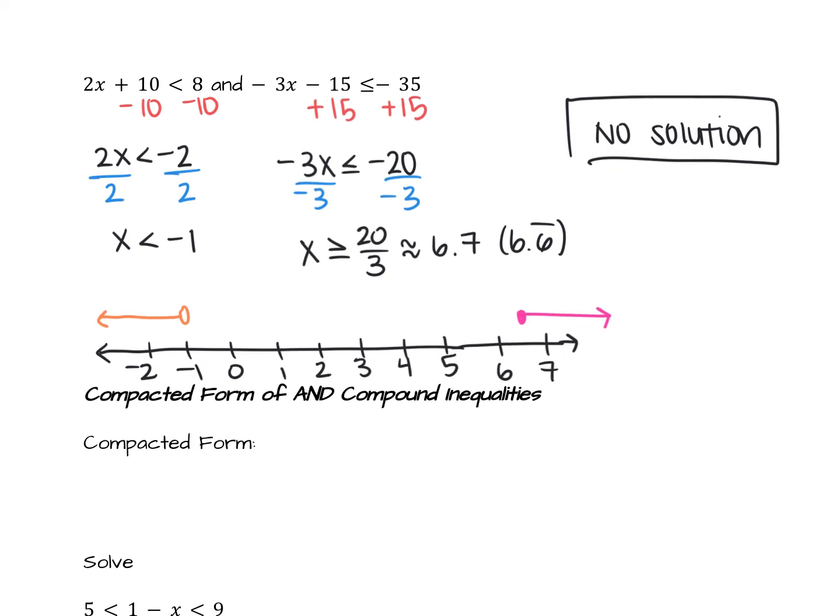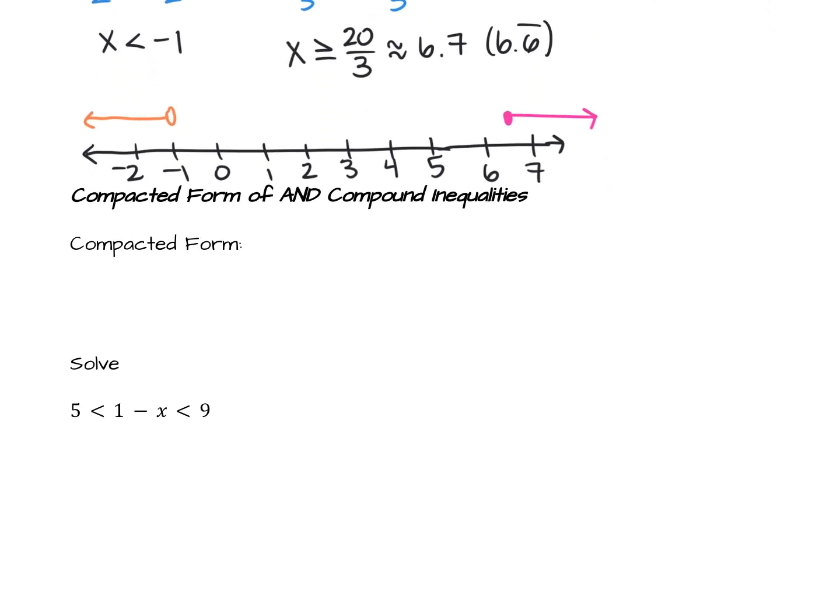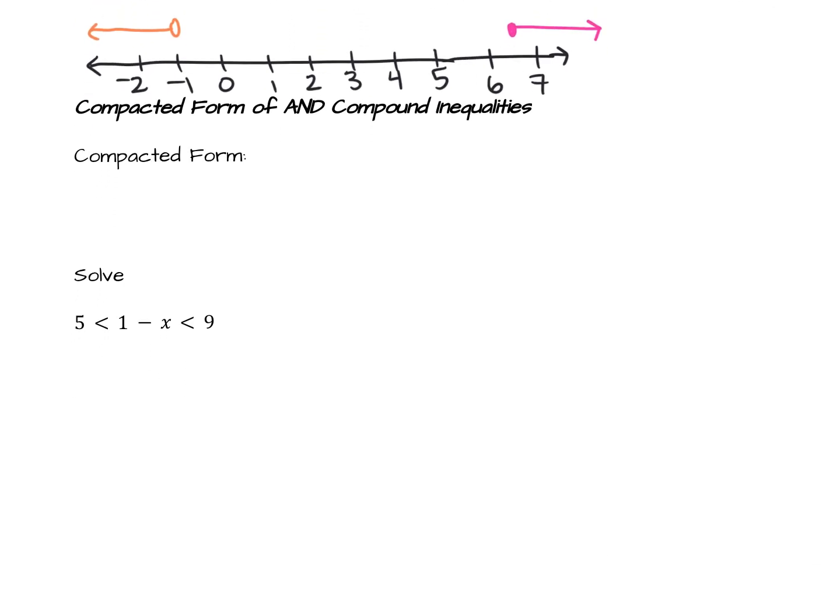The next thing we're going to look at is the compacted form of and compound inequalities. This is going to be the form that we are going to be working with most. So what we've seen so far is you have two separate inequalities joined by the word and. But more commonly, what you're going to see is the combining of your and inequalities into one inequality.